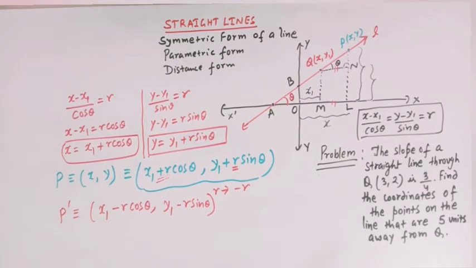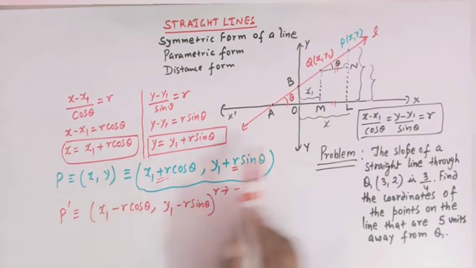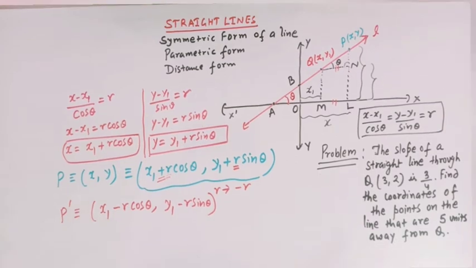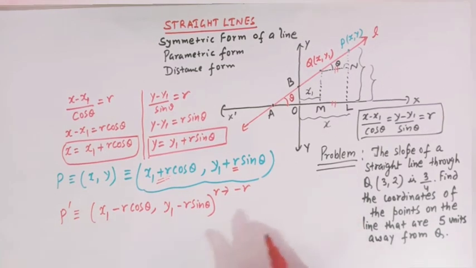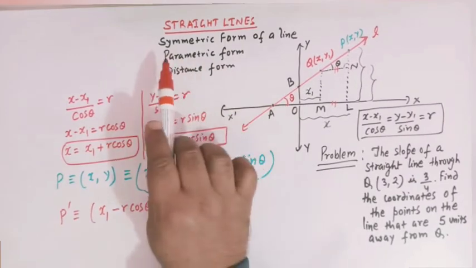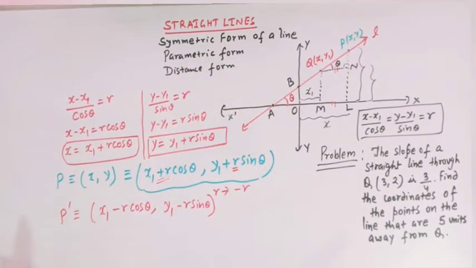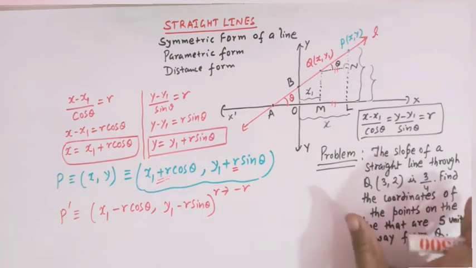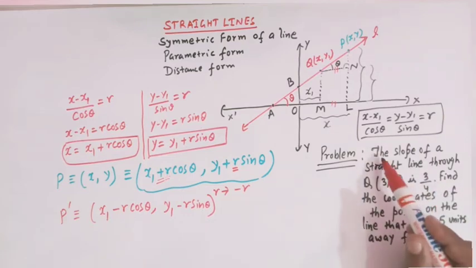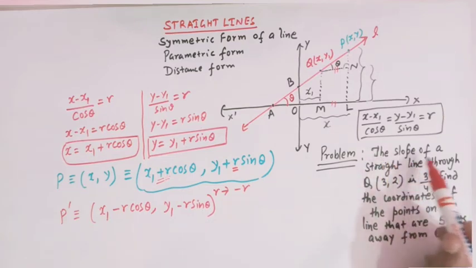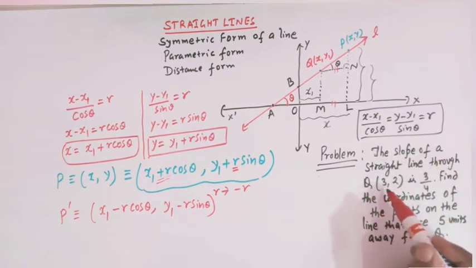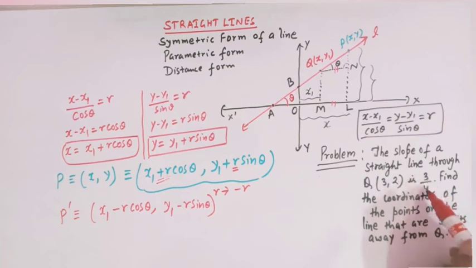So viewers, let us apply this concept to a problem, and then it will be crystal clear why this symmetric form of a line is important. Here I am taking this problem. The slope of a straight line through Q(3, 2) is 3 over 4.